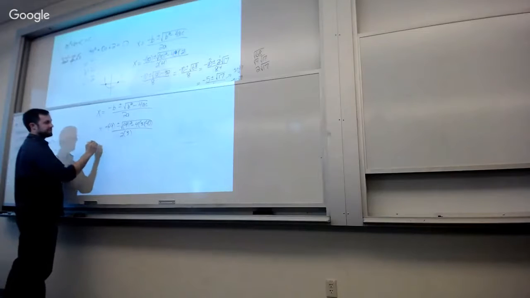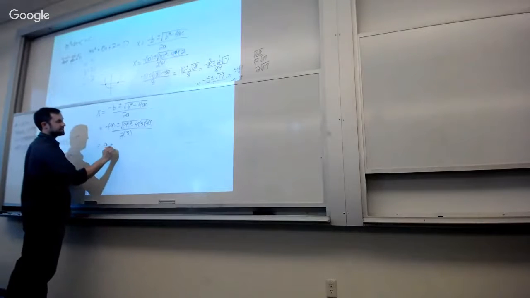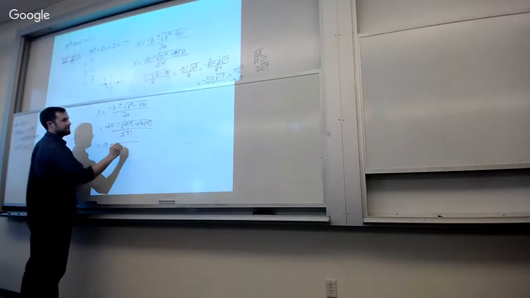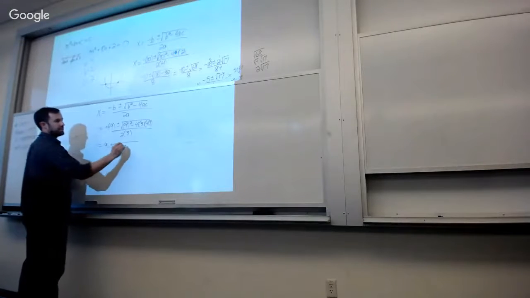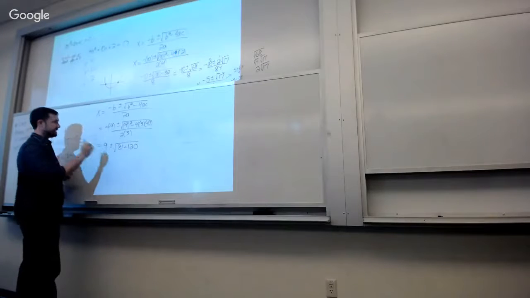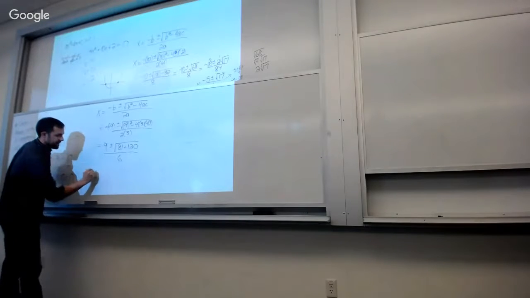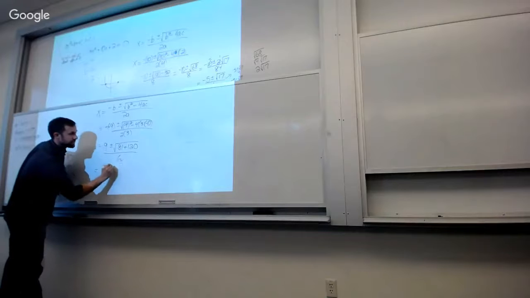So that's 9 plus or minus the square root of 81 plus 120, yeah, 12 times 10, and then all over 6. And that gives us 9 plus or minus the square root of 201 over 6.